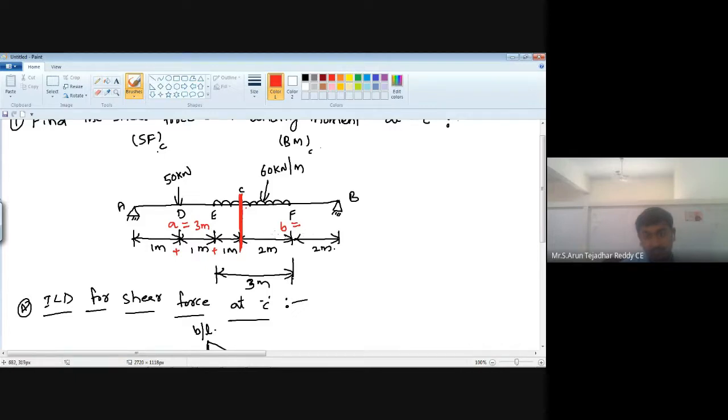Next, the right side, that is 2 meter plus 2 meter, so B is 4 meter. Now, what is L? L is A plus B, 3 plus 4, 7 meter.